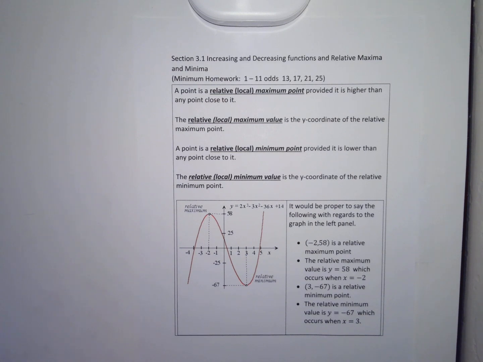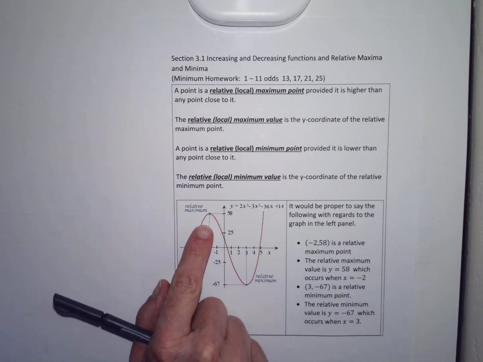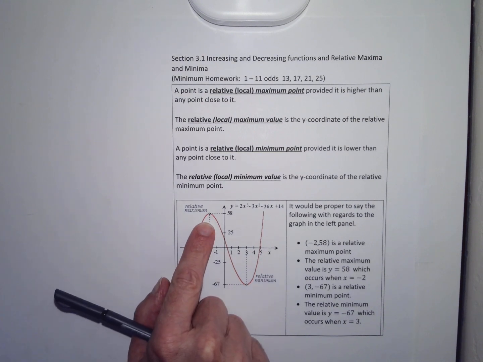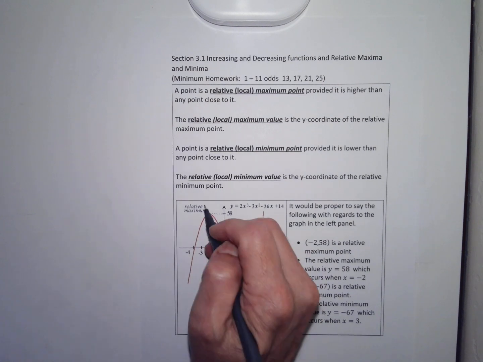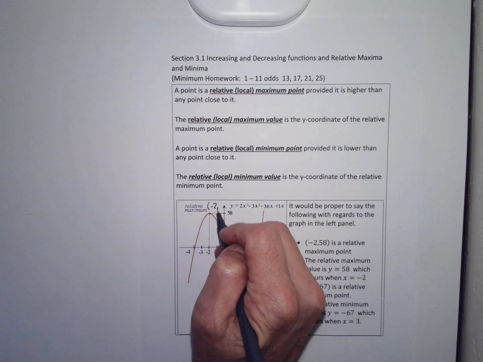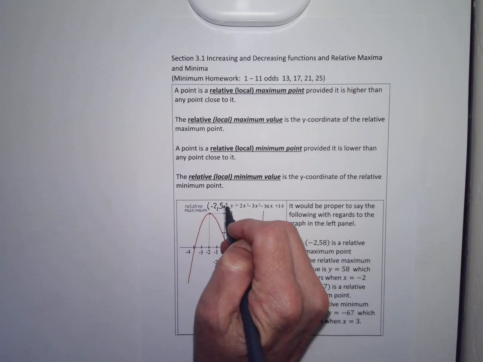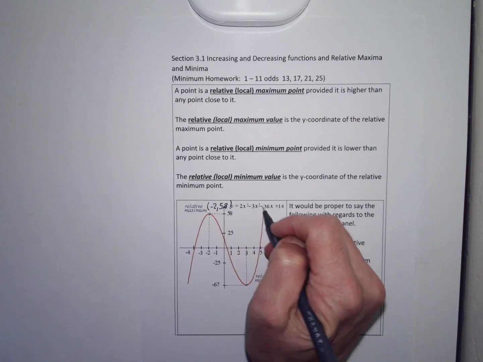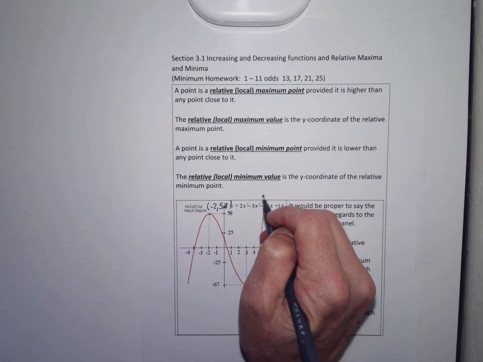and so they're both acceptable words. But a relative maximum point, which I have featured here, is a point that's higher than any point close to it. So this point is the point x equal -2, y equal to 58. It's not actually the highest point of the graph because the graph goes up forever.